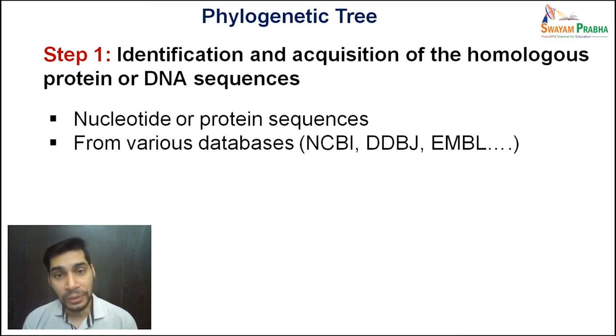To acquire these sequences, you can go to various databases and retrieve the sequences from there. Some of the databases you might be aware of are NCBI, DDBJ, EMBL and so on. So you can retrieve your nucleotide sequence or protein sequences from there.